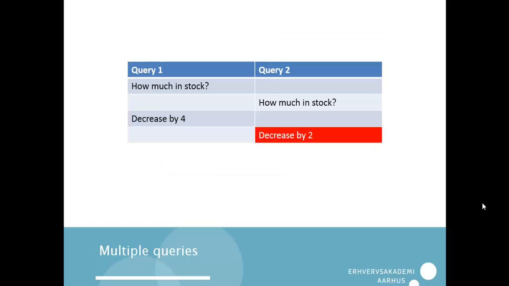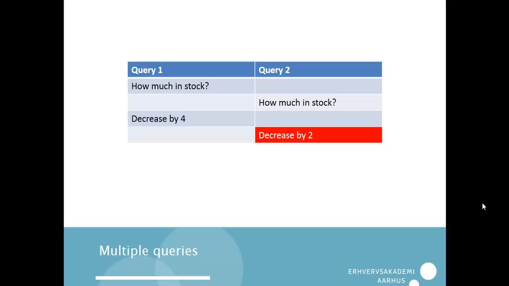So this is the parallel scenario, which is not the transactional way of doing it: the first one asks how much is in the stock, and the next one asks how much is in the stock, and decrease by 4, decrease by 2, and then we have a problem.